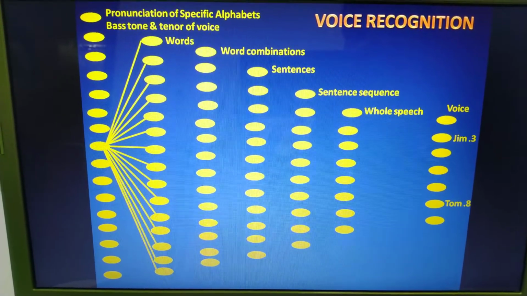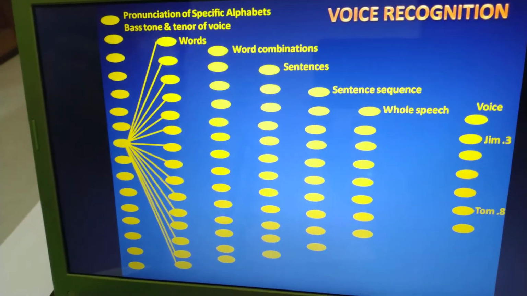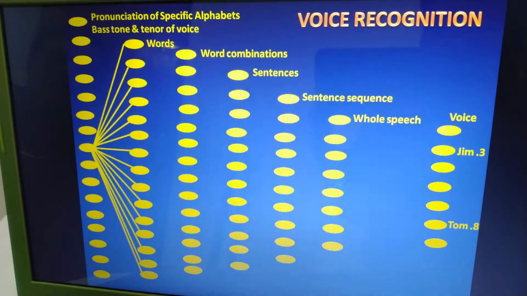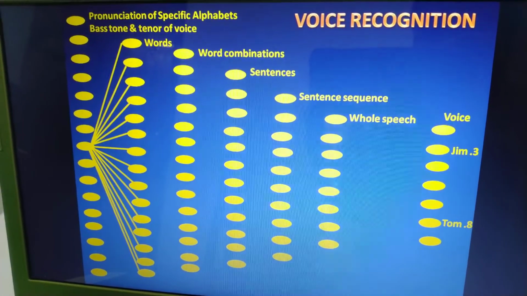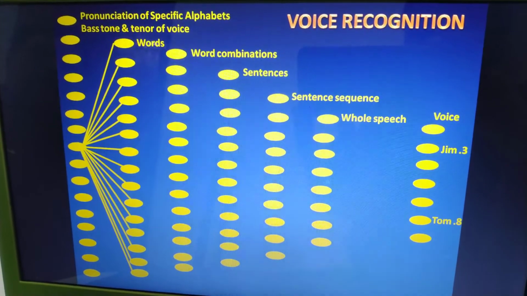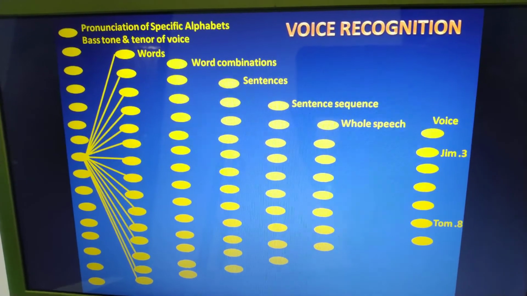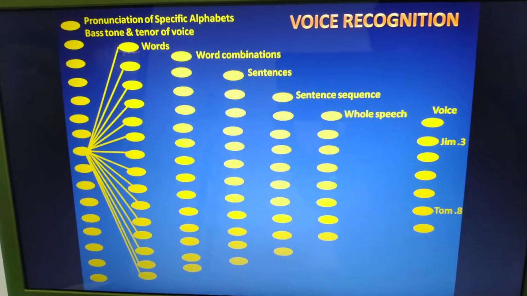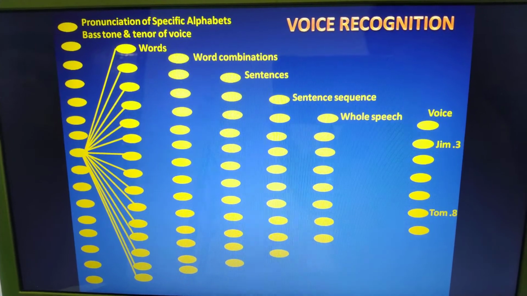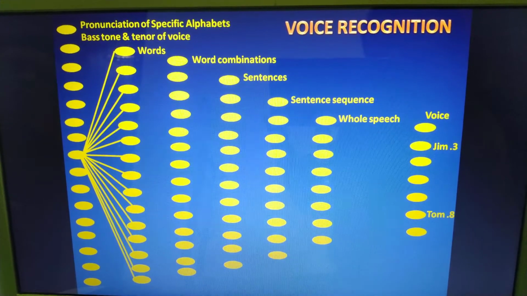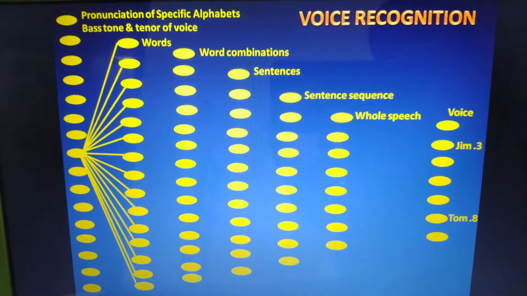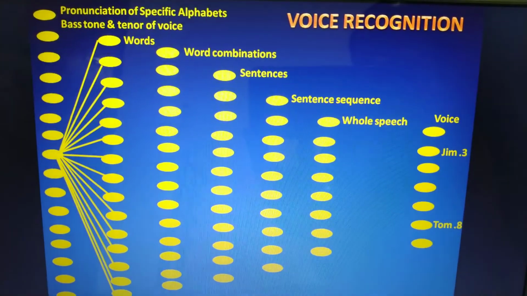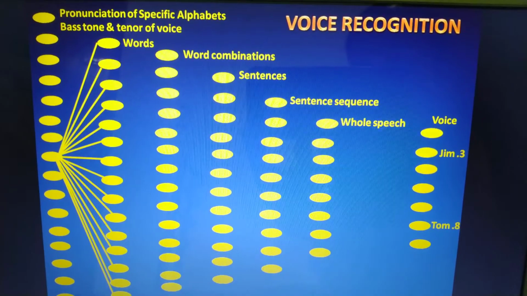The next set further combines, checks out word combinations used by Jim and Tom. The next set of neurons goes further, comparing the usage sentences that Jim and Tom generally use with that of this particular input. And finally, the whole speech is compiled. In the last 8 neurons, we have the whole speech.